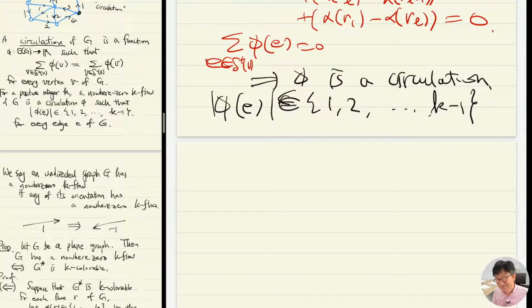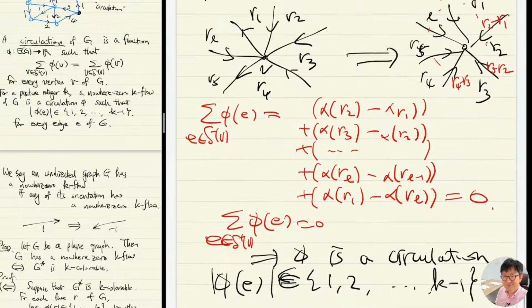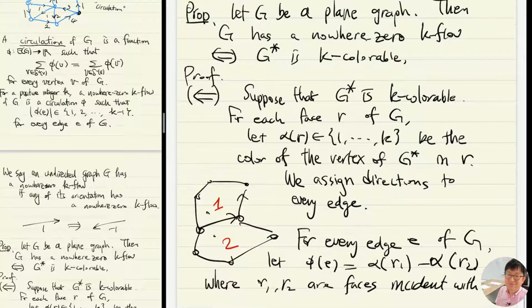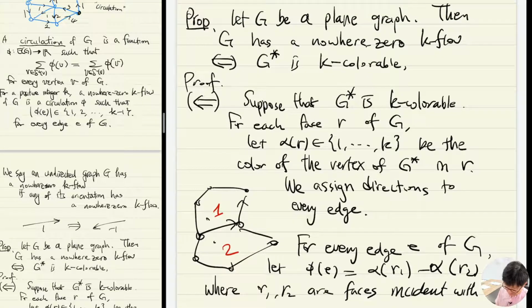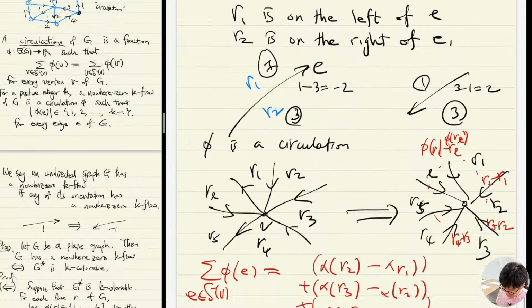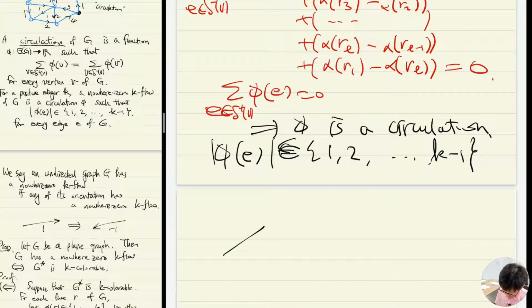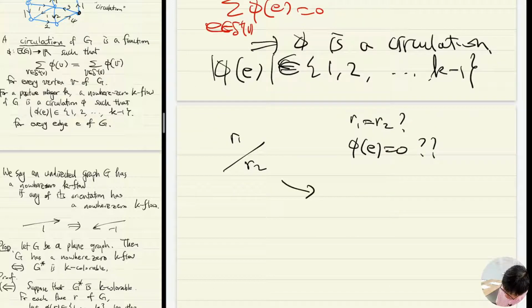Does it make sense? So I always make sure these two faces have distinct colors whenever they are adjacent. What happens if they are the same face? If you have an edge and R1, R2 happen to be the same face, then I am giving 0. But in the dual, they are the same face, so it's a loop.